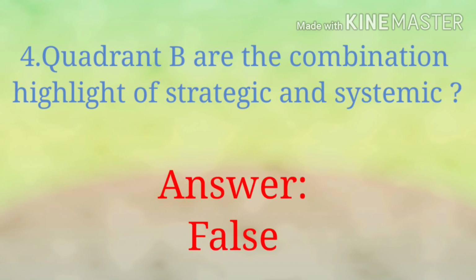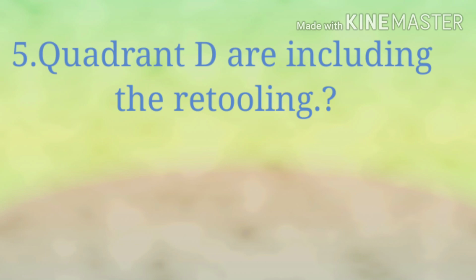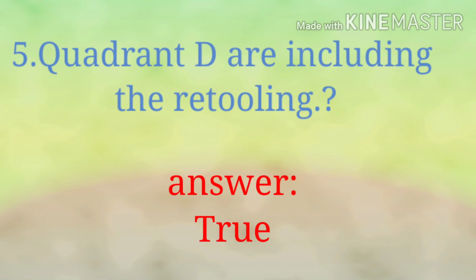The answer is false, because quadrant A is the combination of the highlights of strategic and systemic. Question number 5. Quadrant D includes retooling. The answer is true.